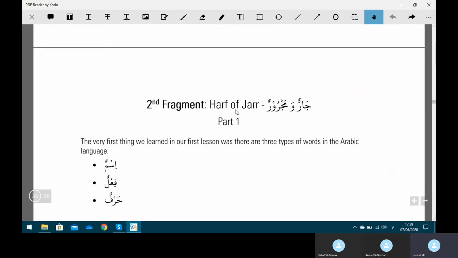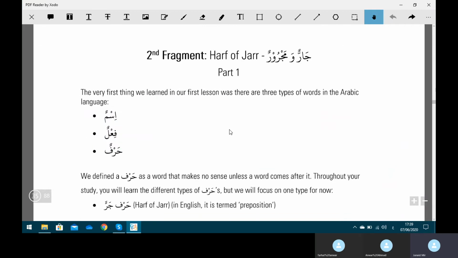In English, we say harf of jar. Now, harf, if you remember, the very first thing we said when we started in this course is that every Arabic word is either an ismun, a fi'lun, or a harfun. That's what this bit is saying. So far, we had only been dealing with ismuns, right? Up till now.